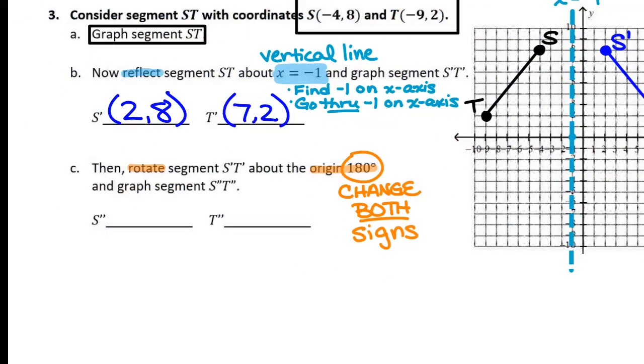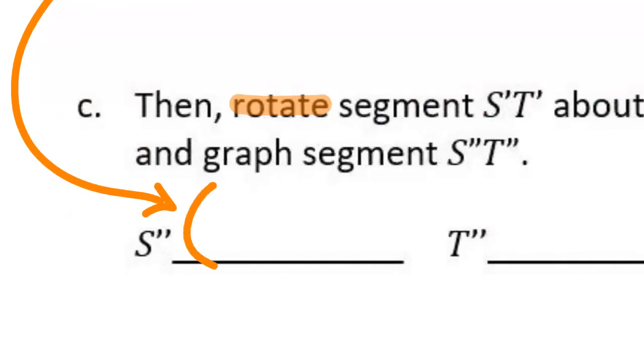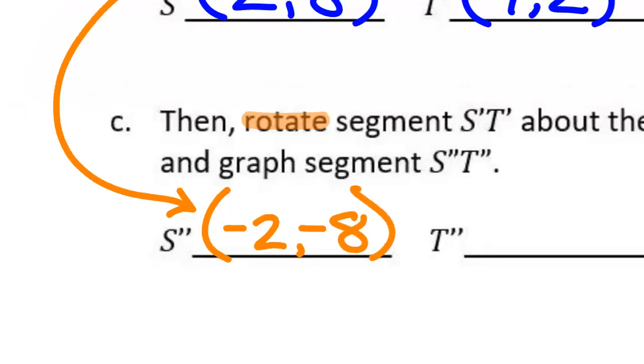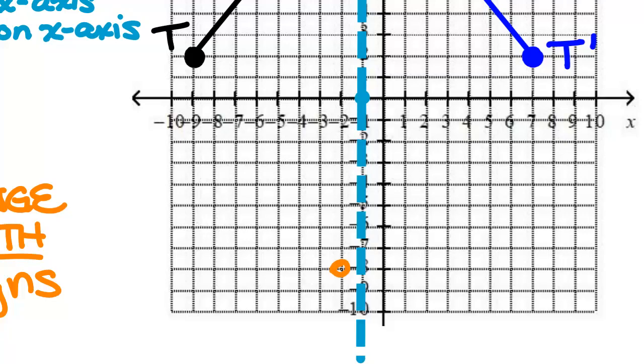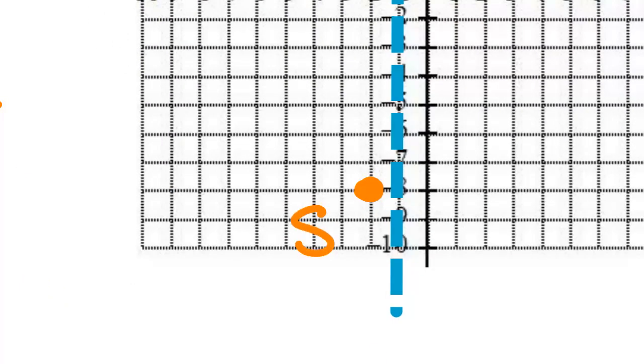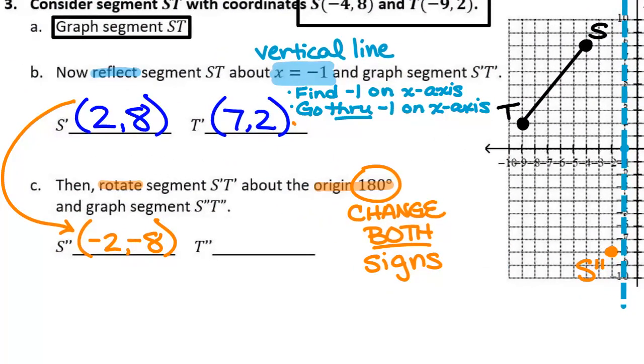I do not do anything to the order. So I take my S prime, 2, 8. I change both signs. So -2, -8. -2, -8 is right down here. There's my S double prime. And then the same thing with T prime to get T double prime.